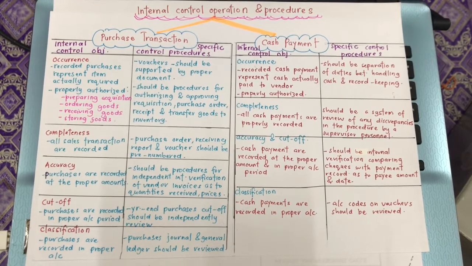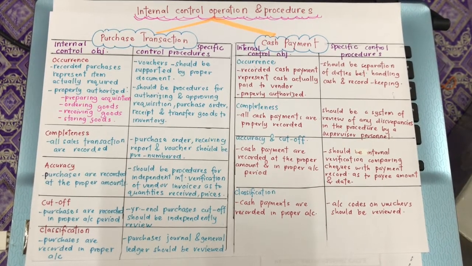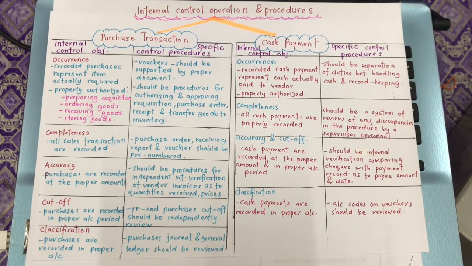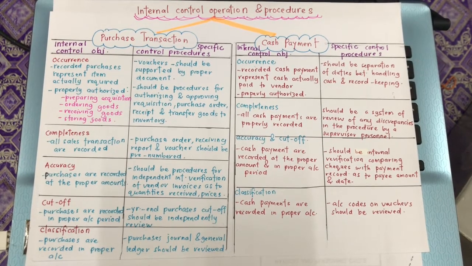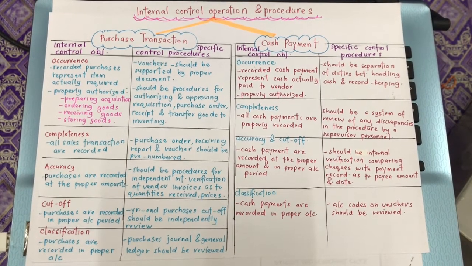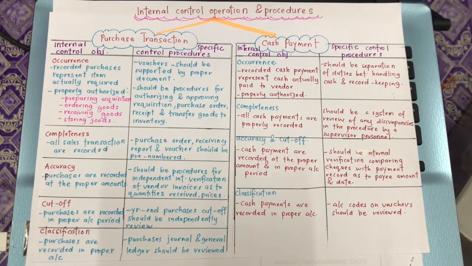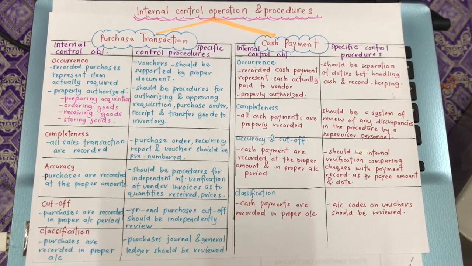Purchase transactions are properly authorized, preparing acquisition, ordering goods, receiving goods, and storing goods. Meanwhile, for specific control procedures, a voucher should be supported by proper documents: purchase order, receiving reports, and vendor's invoice. There should also be procedures for authorizing and approving requisition, purchase order, receipt of goods, and transfer of goods to inventory.